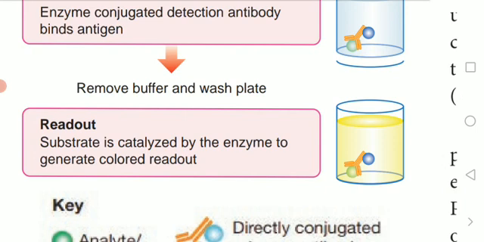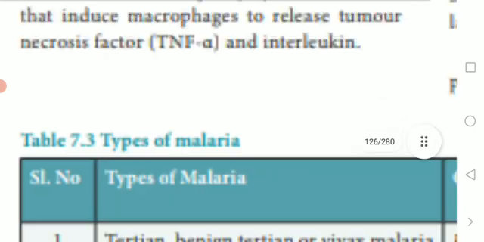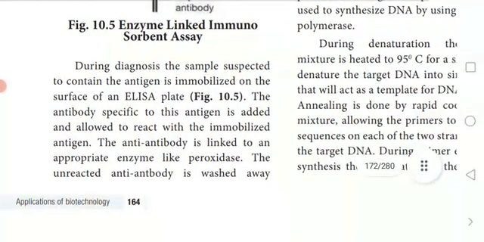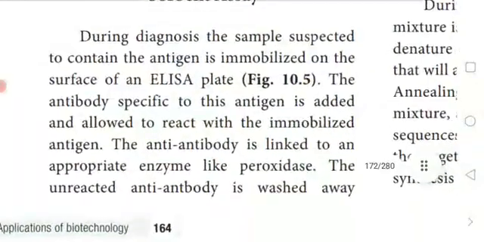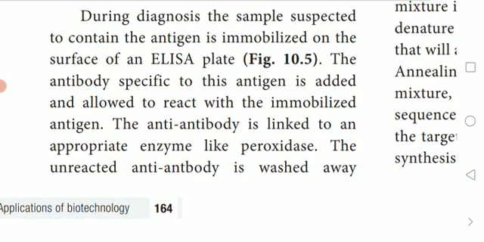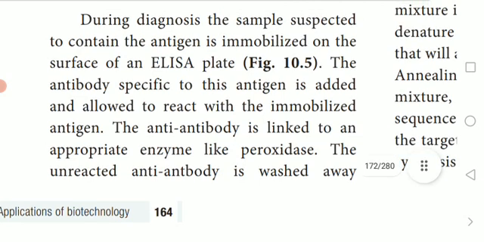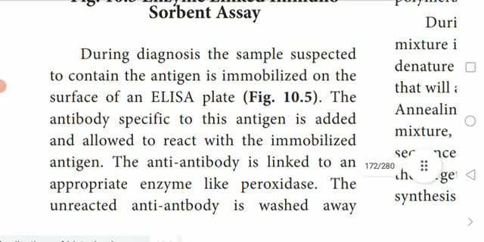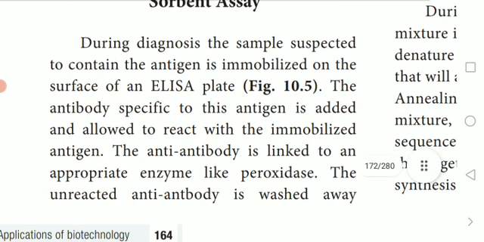ELISA is a biological procedure discovered by Eva Engvall and Peter Perlmann in the year 1971. It detects the presence of specific antibodies or antigens in a sample. What sample means? The serum sample and urine sample.